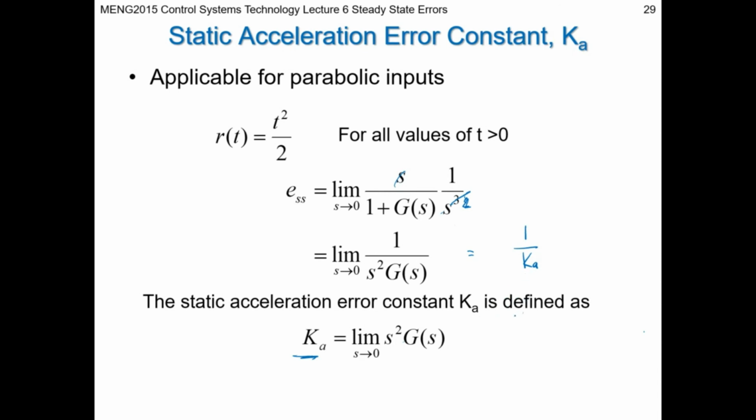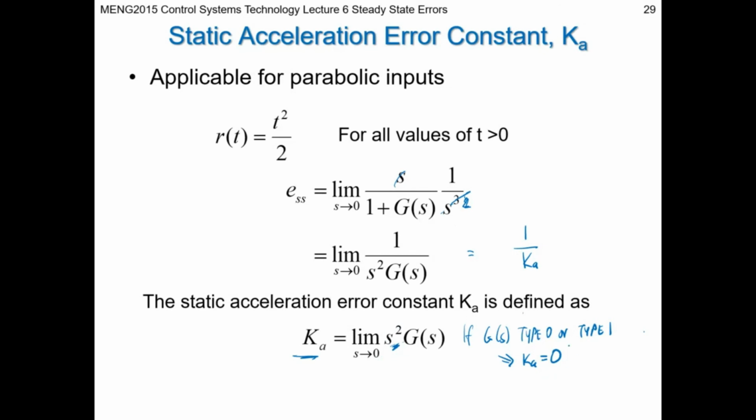But if your Ka is 0, because G(s) is type 0 or type 1, that implies Ka is going to be equal to 0, because this s squared won't get cancelled. So as s goes to 0, Ka is going to go to 0.